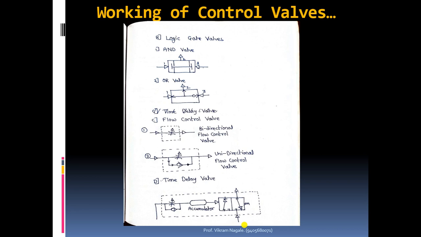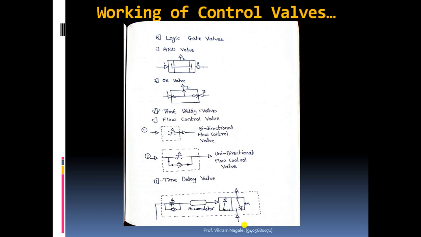Means flow rate कमी असेल, opening कमी असेल, तर obviously time required to fill that accumulator will be greater. Opening जास्ती असेल means flow rate वाढला means obviously time required to fill that accumulator will be lesser.